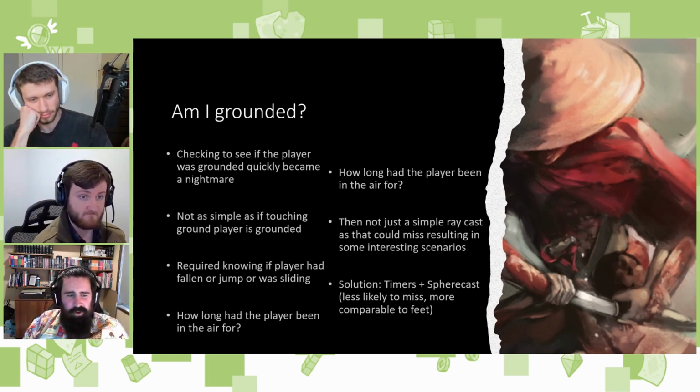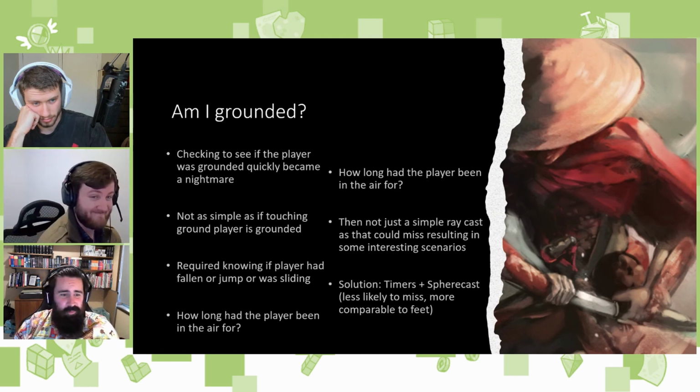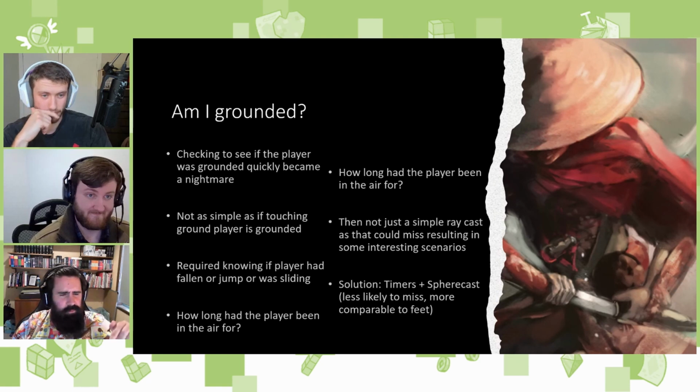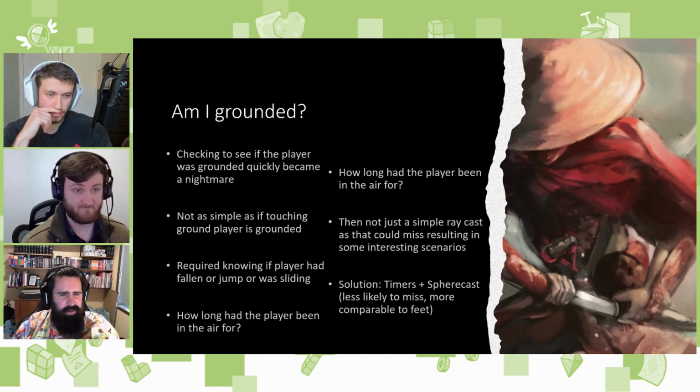One of those being, we could walk to the edge of an object, and you couldn't jump anymore because suddenly you weren't grounded, but you were still standing on the object.